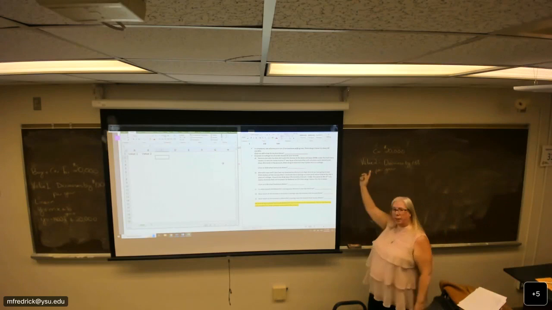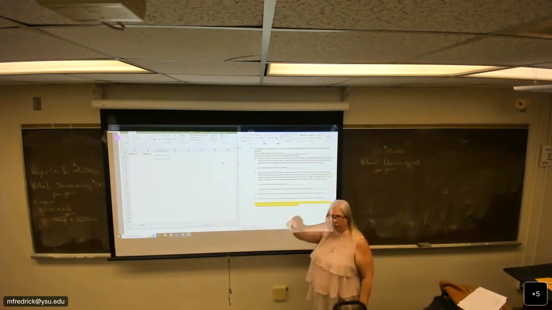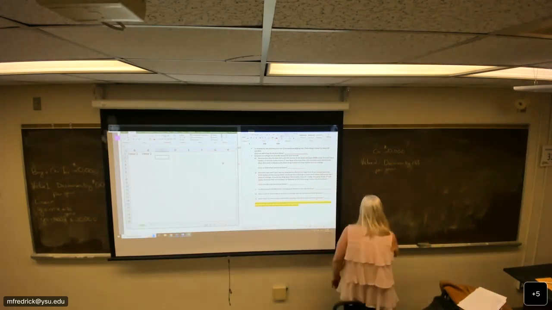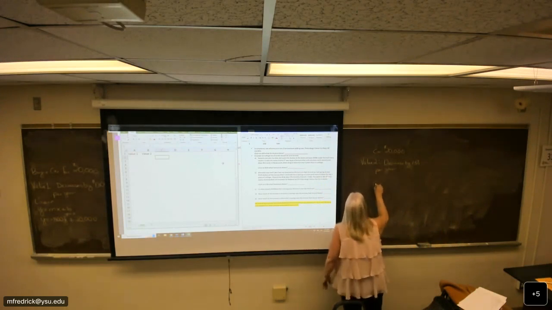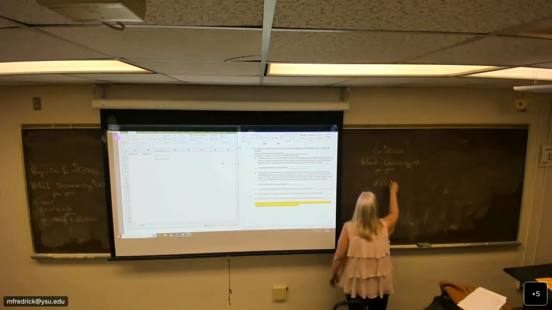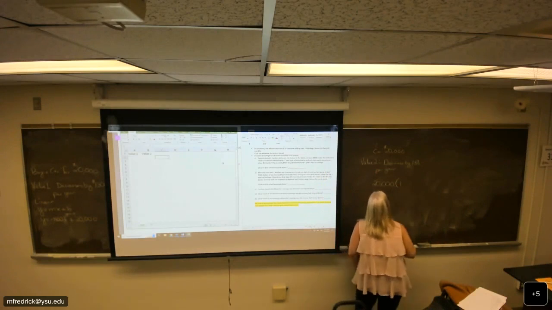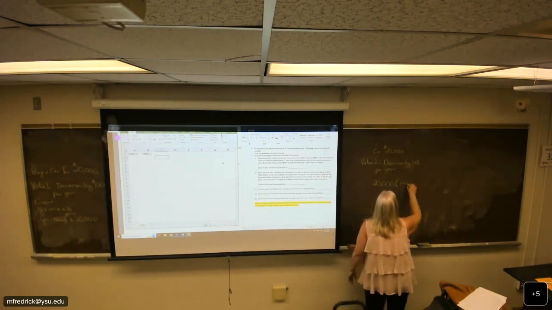This one's a percent, which means it's exponential. It's our starting amount. And one plus the rate, but since it's a decrease, it's a negative 13%.